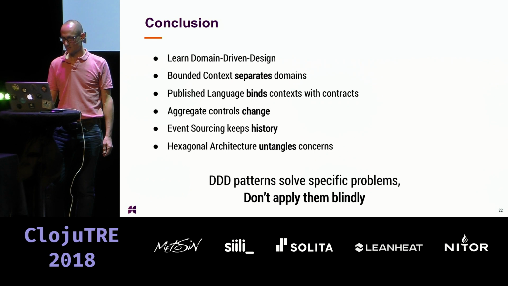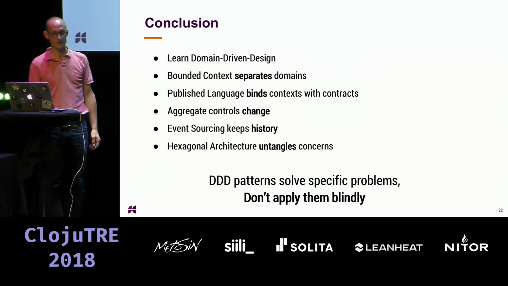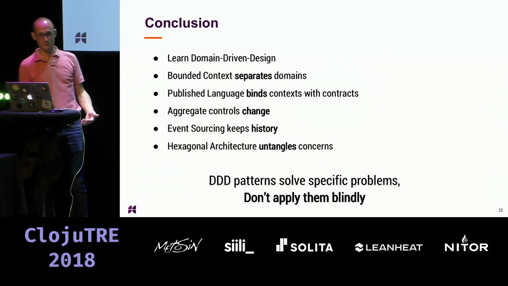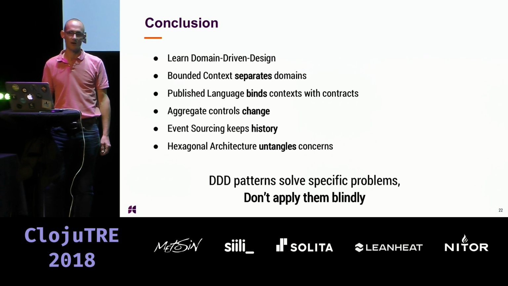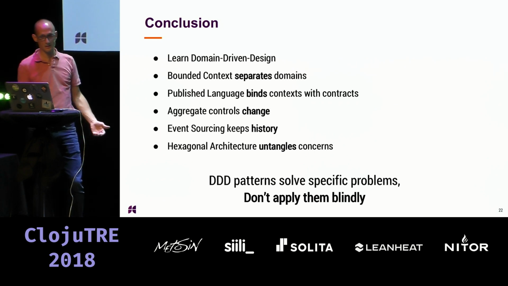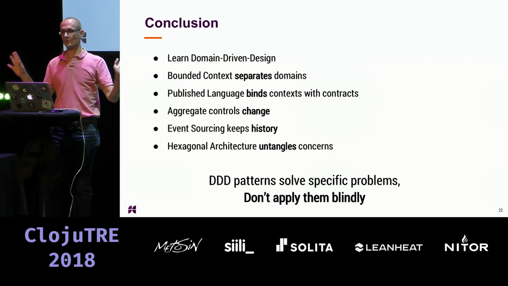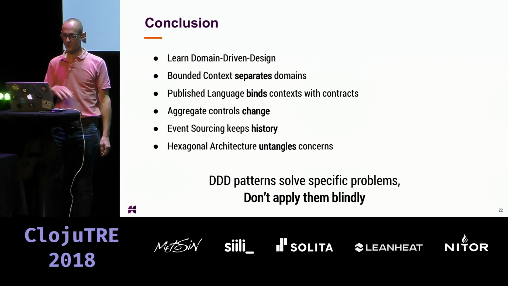So, in conclusion, I think it's a good move to learn domain-driven design. There is a lot of useful stuff in there. The bounded context separates the domains. Published language binds the contexts with contracts.